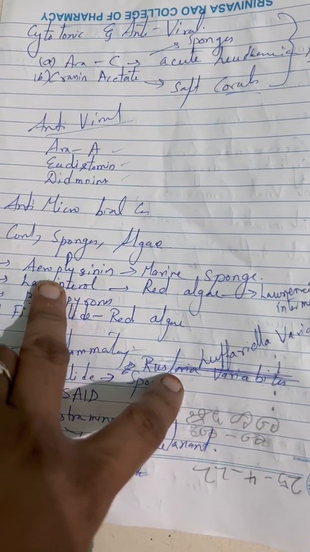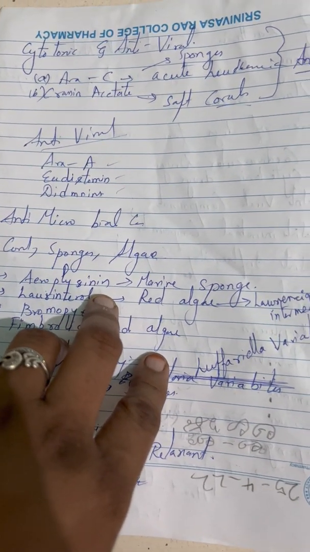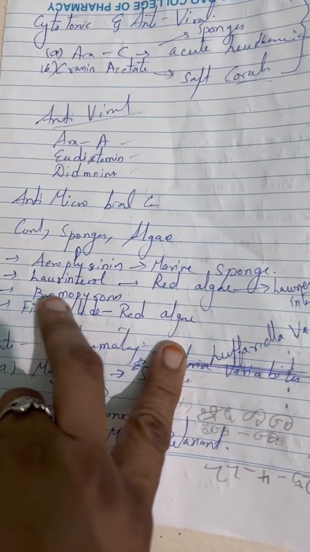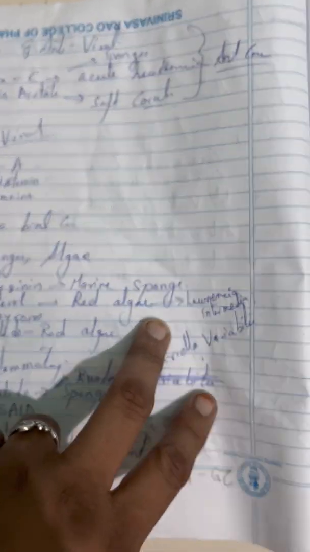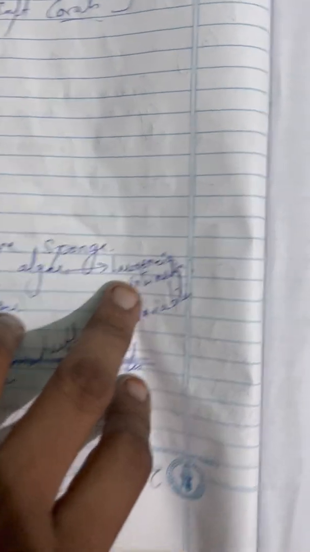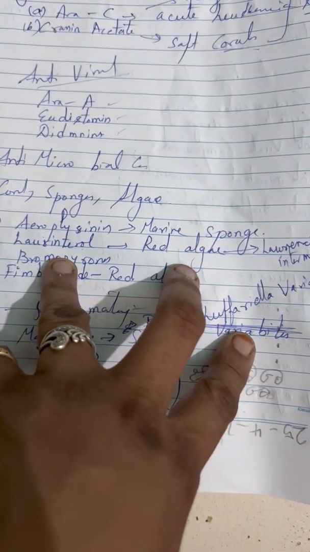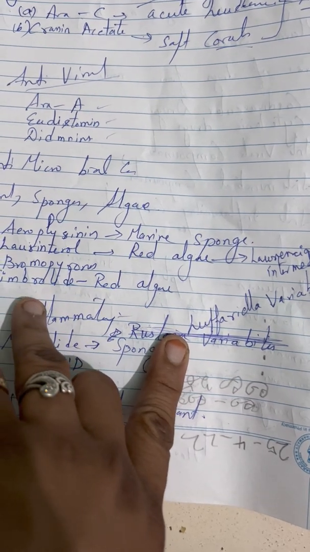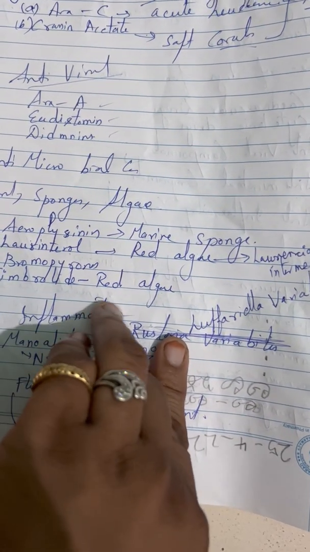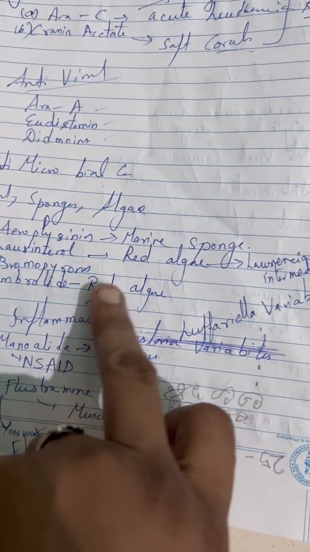Examples are aeroplicin, obtained from marine sponge; laurenterol, obtained from the red algae Laurencia intermedia; and also bromopyrons and fibrolides, obtained from red algae. These are some drugs obtained from various sources which act as antimicrobial agents.